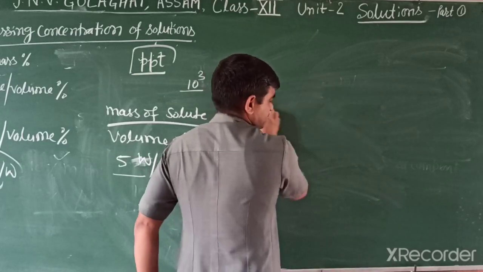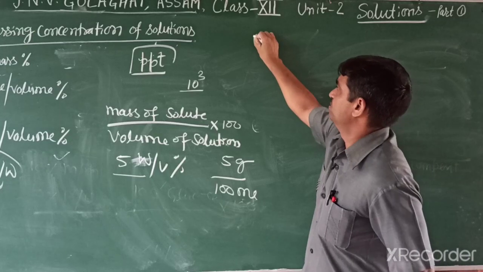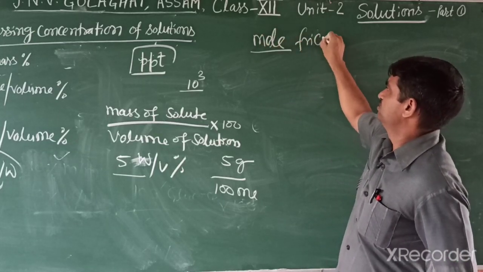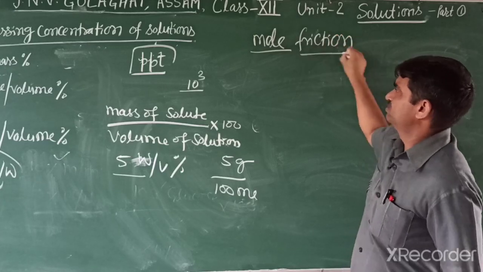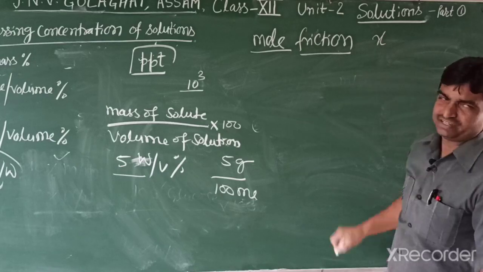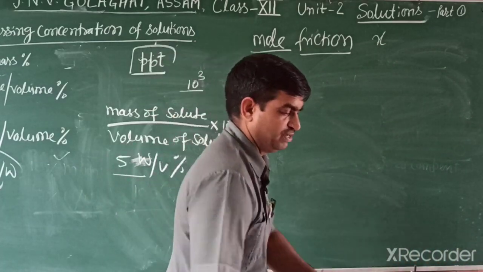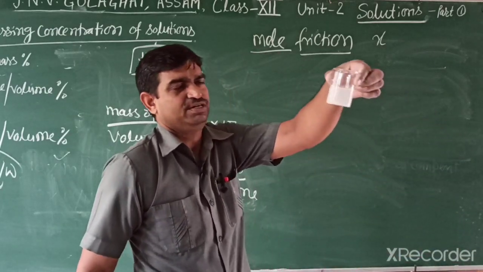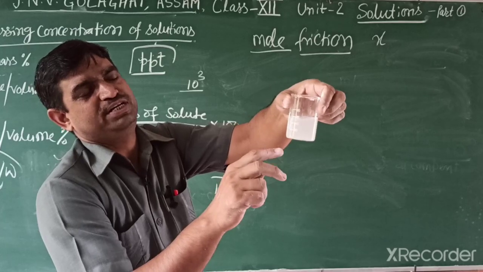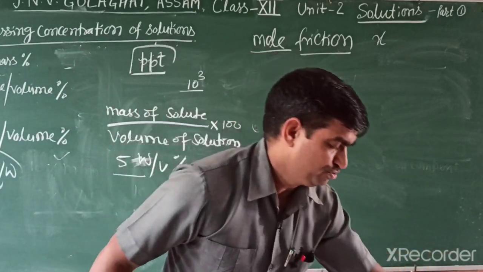Mole fraction is represented like X. Suppose a solution is a glucose solution, and in this glucose solution I have only 2 components, one is water and the other is glucose. So this is a binary solution.